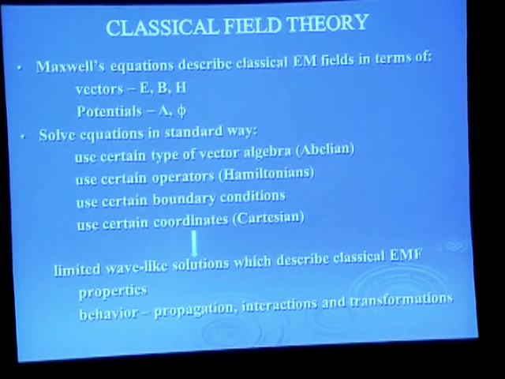And then there are potential mathematical constructs, which are called potentials, which underlie the vectors. In fact, an electromagnetic force field can be described in terms of its potential components as well as its vector components. The A stands for the magnetic vector potential, and phi is the scalar electrostatic potential. I will mention that later because that's an important concept.